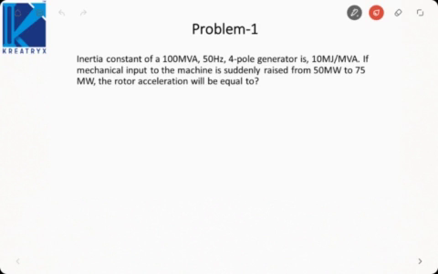It says the inertia constant of a 100 MVA, 50 Hz, 4 pole generator is 10 megajoule per MVA. So H is 10 megajoule per MVA. I have determined H because of the units. Now the mechanical input is suddenly raised from 50 to 75.